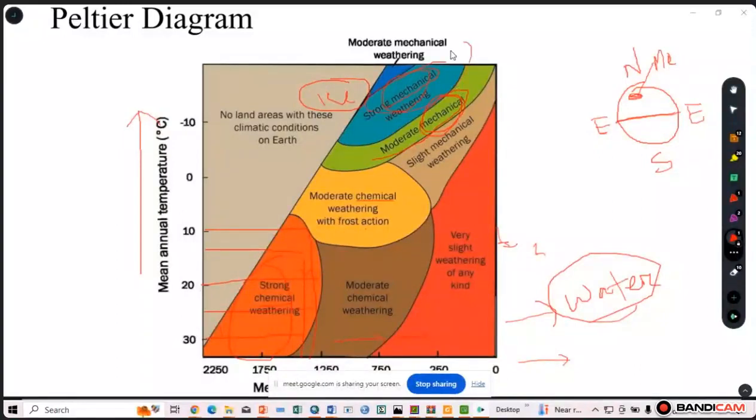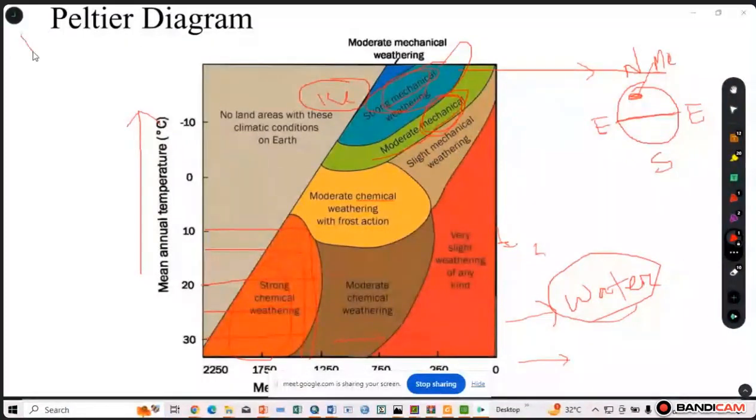The strong mechanical weathering is due to water changing its state from liquid to solid. When water changes its state from liquid to solid, strong mechanical weathering is favorable in that area.